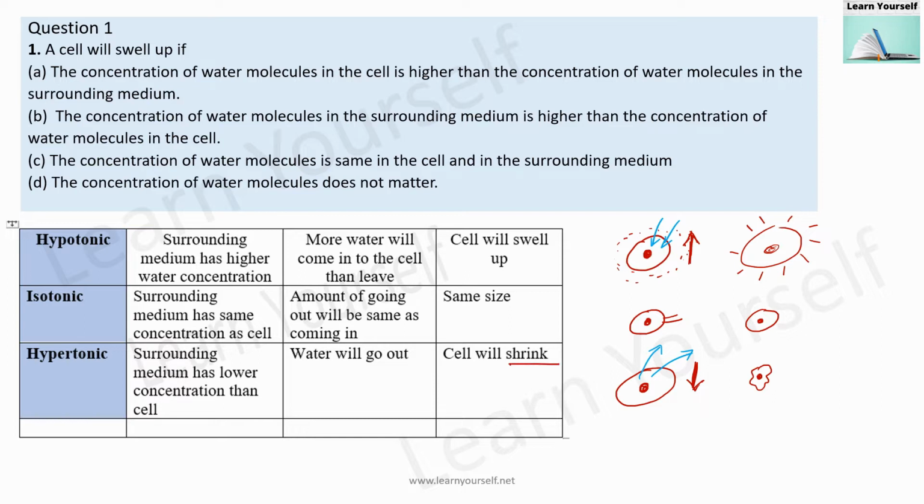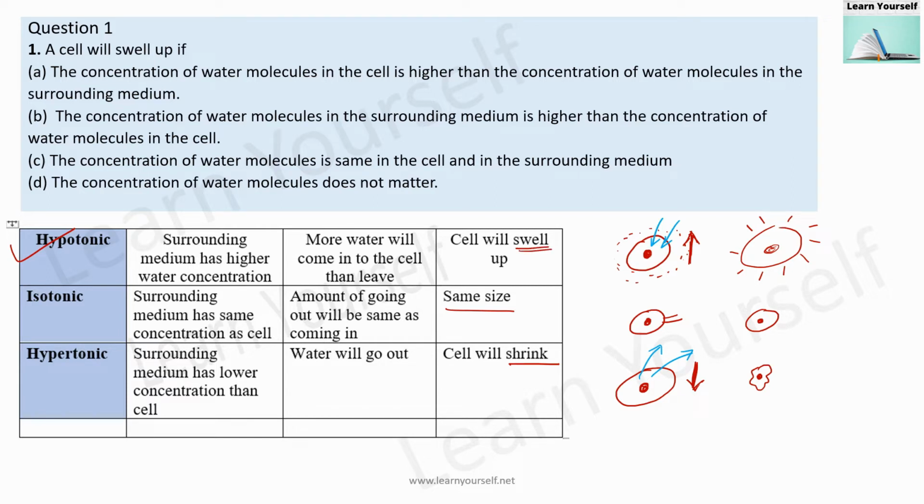In isotonic solutions, the cell will remain of the same size, whereas in hypotonic solution, the cell will swell up. Now let us understand our question: the cell will swell up if it is a hypotonic solution. If the surrounding medium has higher water concentration, then more water will come inside the cell compared to leaving the cell, and in that situation the cell will swell up.